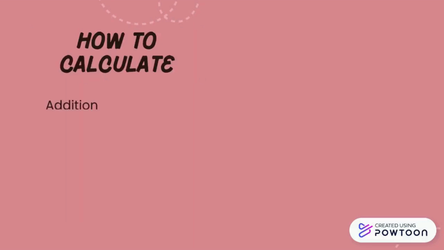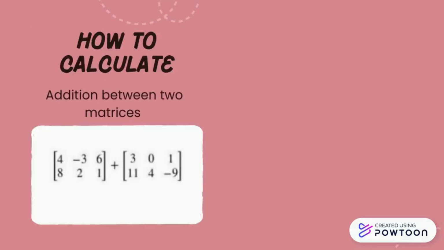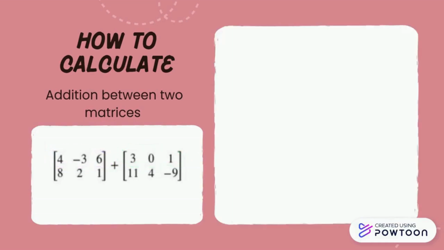Okay ALYAA, now we look at the next slide, which is the last question. First, we need to look at the first row of both matrices, where the value 4 will be added to the value 3 in the first column of both matrices, and we will get the answer 7.